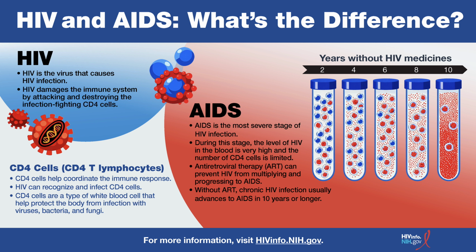If it does progress to AIDS, the most severe stage of the infection, at that point ART, the antiretroviral therapy, is not going to do much for you. And therapy is going to be more geared towards symptom management and quality of life at that stage.